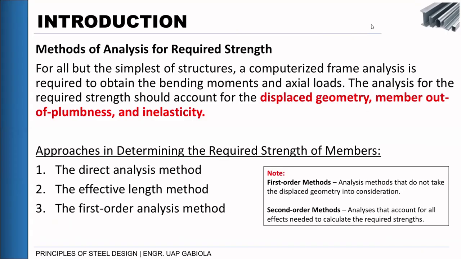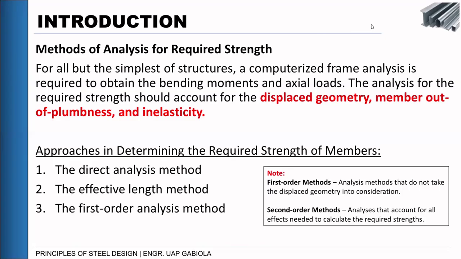So earlier, I have mentioned already that so far, we are just doing first order methods wherein yung analysis natin do not take into consideration yung displaced geometry natin. Okay, so we are just using the value of the ultimate moment that we calculated based on structural analysis, and then that's it, ano?